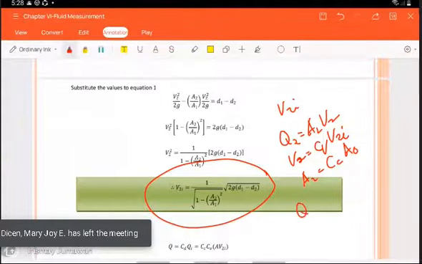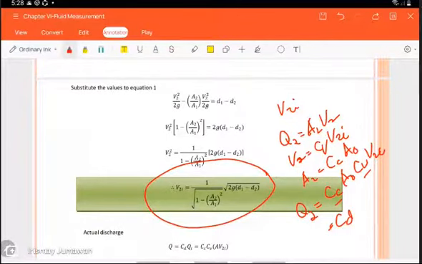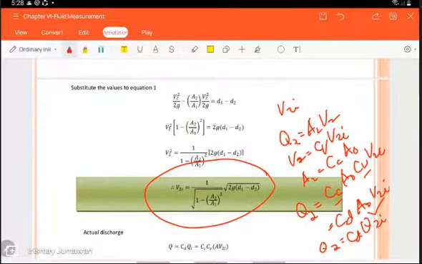So if you have to determine the actual flow, you have CC, AO, CV, V2I. So these are equal to CD, then you have AO and V2I. So this will be the formula, because Q2 is equal to CD, because this one is Q2I.